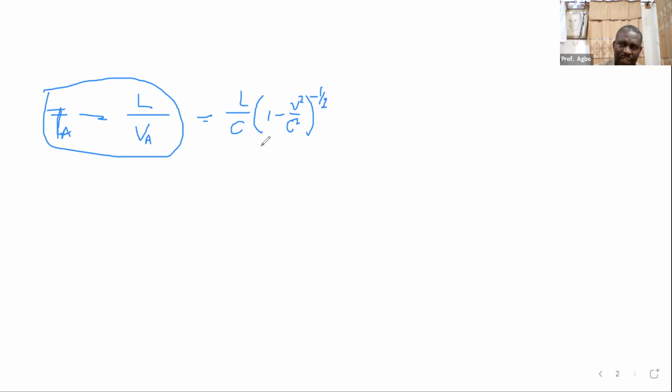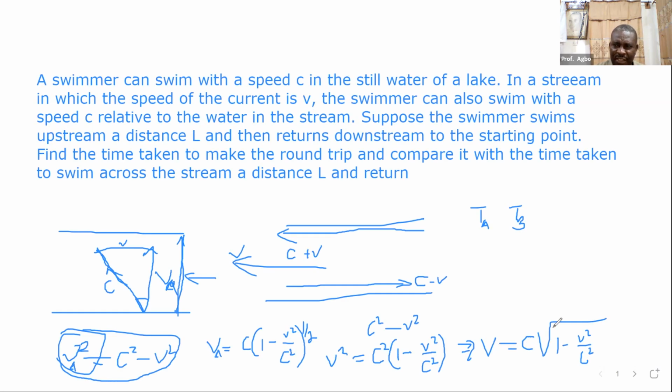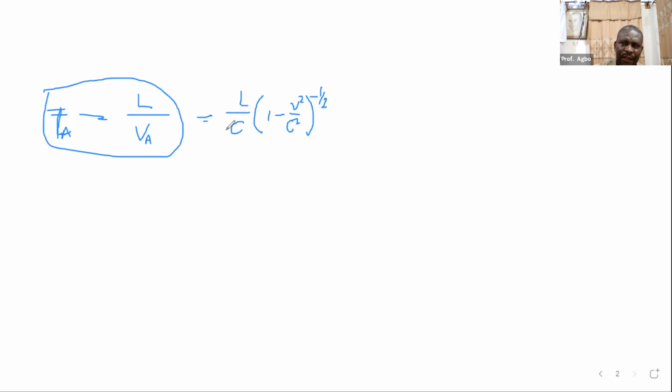I know some people may be asking a question on this, because what we got was C into (1 minus V squared over C squared) raised to power half. But because this is inverted now, everything becomes inverted.